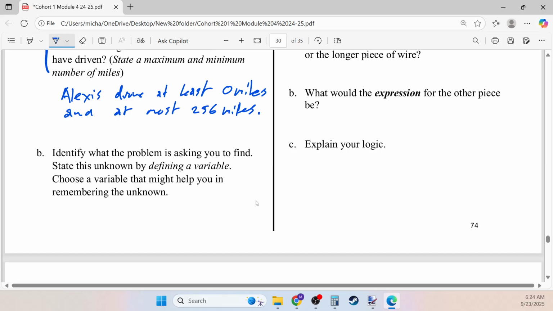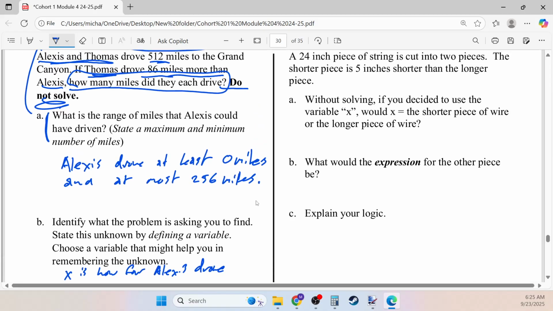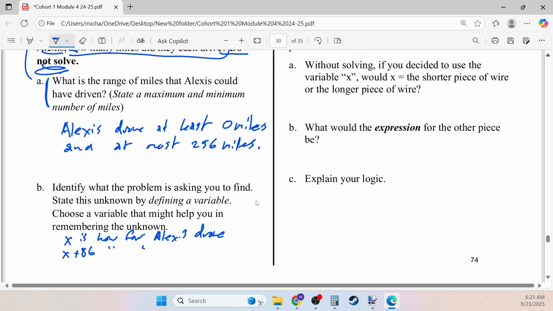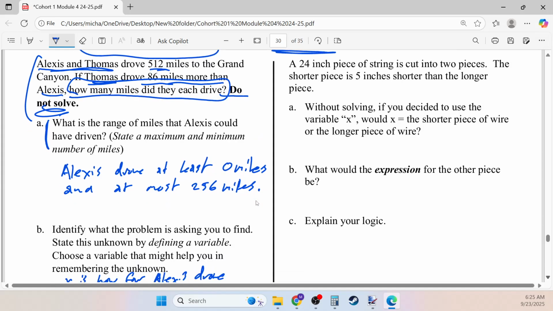So we could say X is how far Alexis drove, and based on the question, we know that X plus, I think 86 was the value, 86 is how far the other one drove, Thomas.